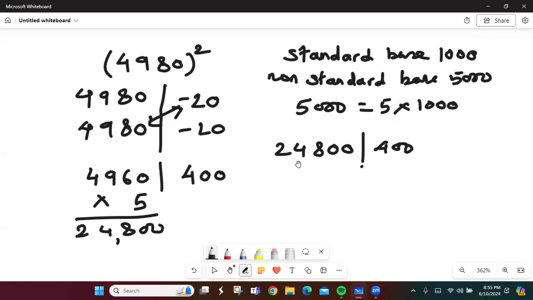Now, since the standard base is 1000, which has 3 zeros, there will be 3 digits in the right partition.